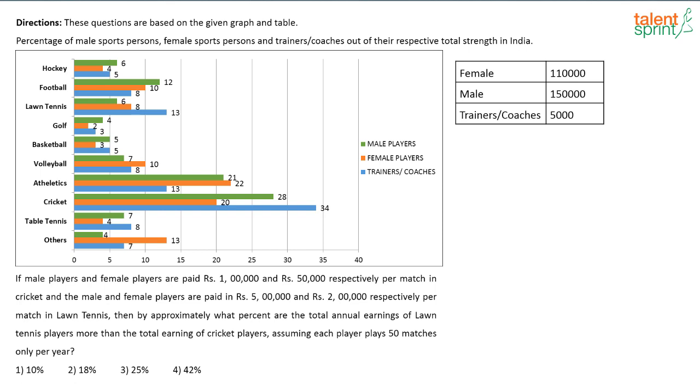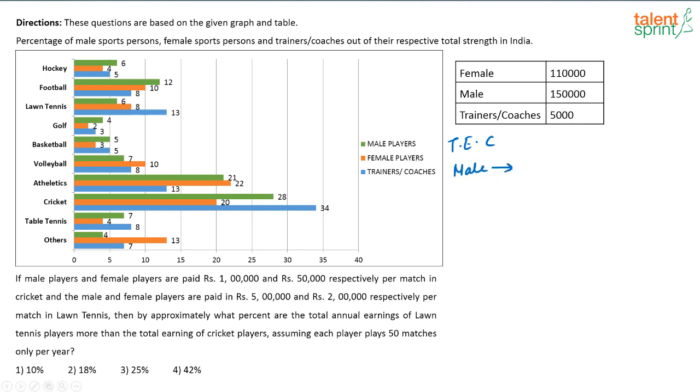So what is given here? Total earnings in cricket, right? Now so what should you find out? You have to find out the total earnings in cricket, total earnings in lawn tennis, find the difference and calculate the percentage.